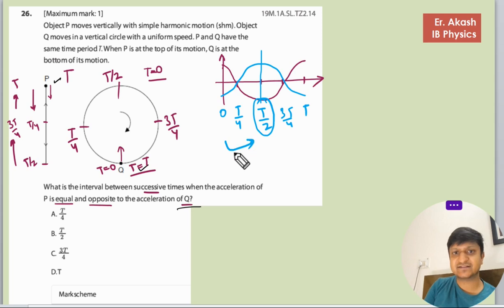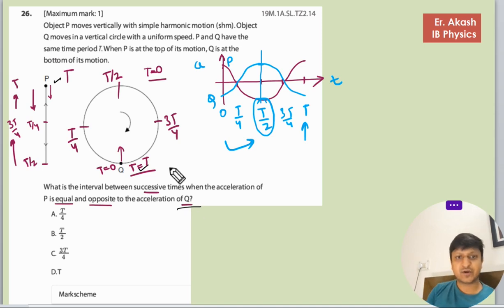because that is the next successive time, otherwise here also it is opposite and negative to each other. T by 2 is the point when the acceleration, that is the a-t graph, acceleration is equal and opposite to each other for both of the cases, like this is P and this is Q. So it is done graphically.